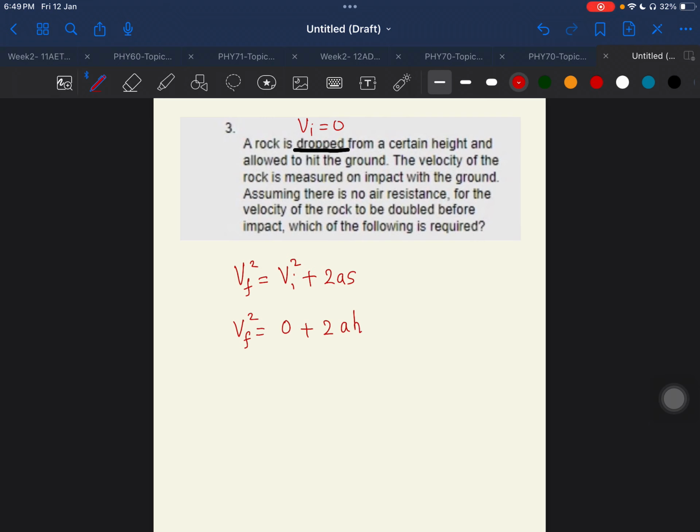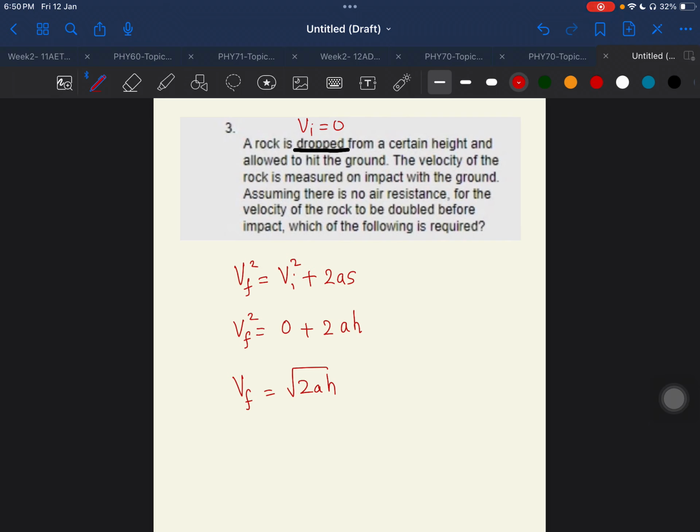Acceleration due to gravity will be negative, but because we are interested only in the number, we'll just keep everything positive to get the relation between velocity and height. So Vf we can write as root of 2ah. I've taken the square root on both sides.